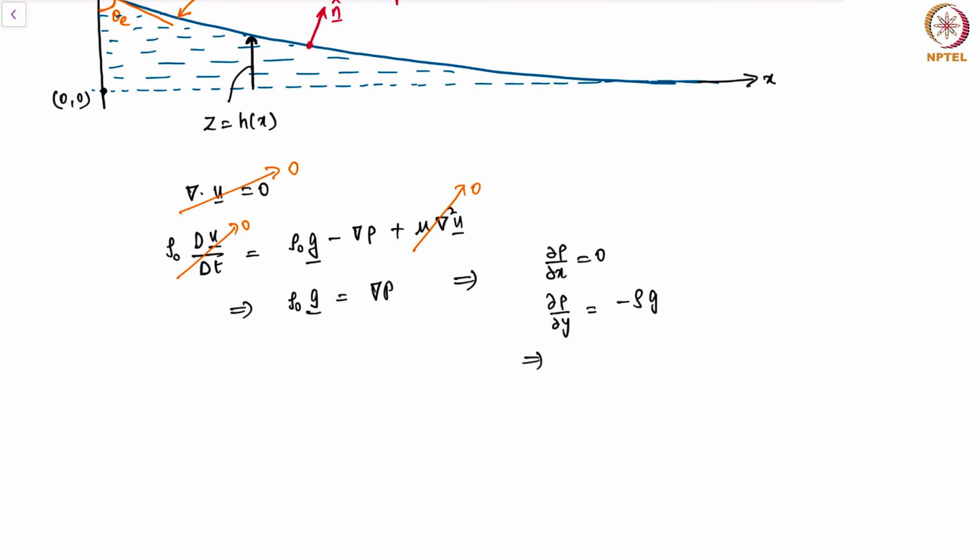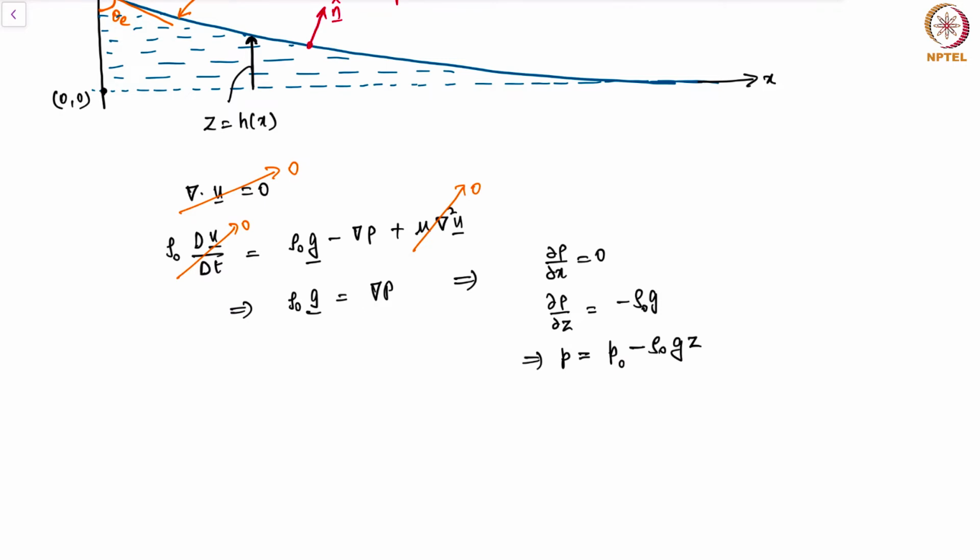So the pressure at any z point would be p naught minus rho naught g z. Just correct this, it should be rho naught.